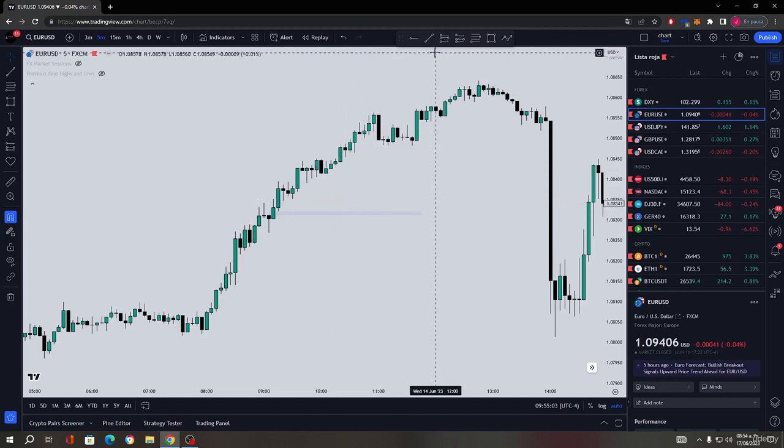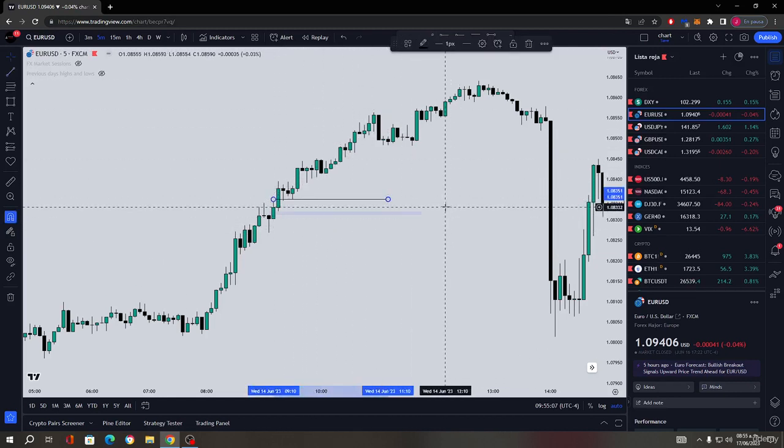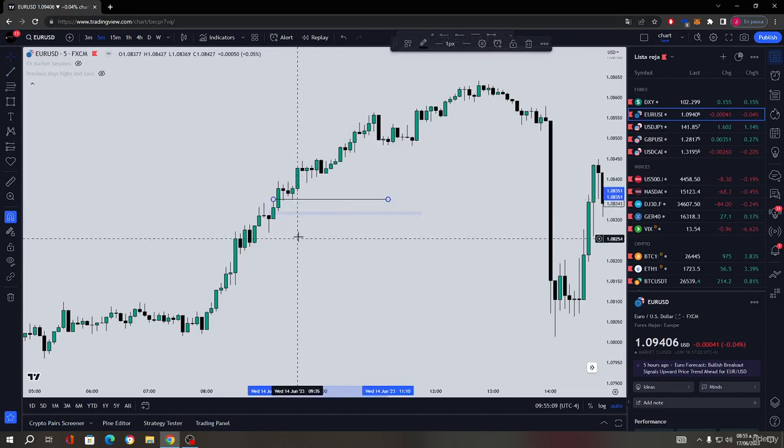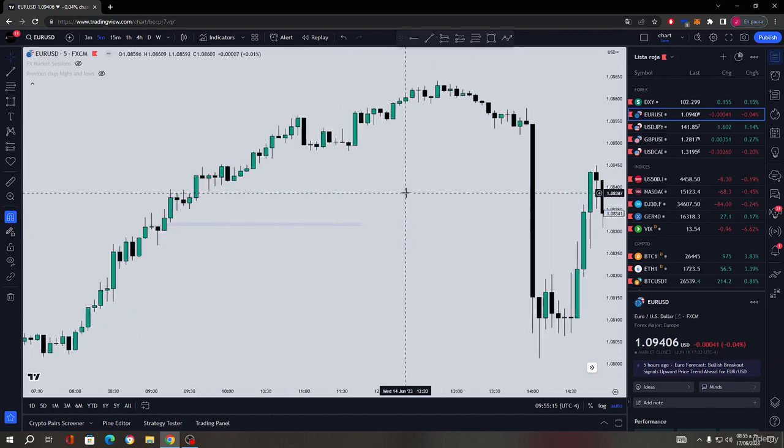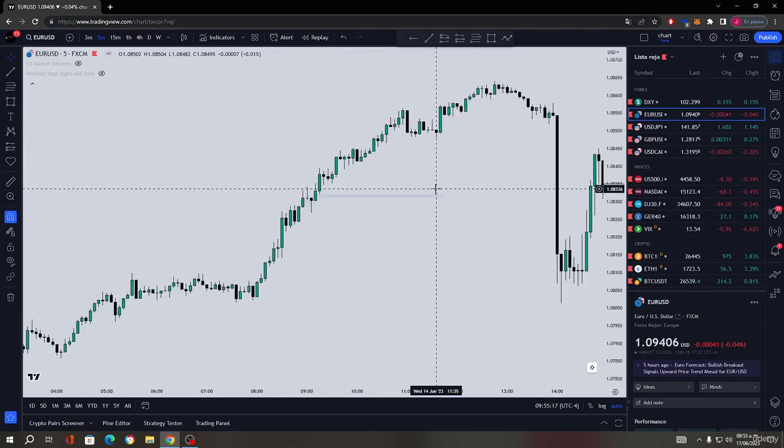So it's likely to just go up. You have your balanced price range, and as you can see, it touches the top of the wick and continues to go higher. Same thing right here.